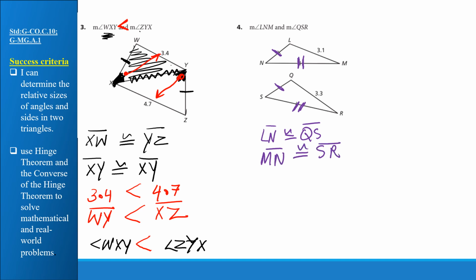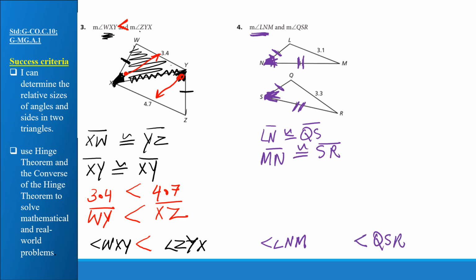Now what angles do they want us to see? L and M, that means this is the included angle, and the other is QSR, that means this is the included angle. They are asking us to compare. So let's see here angle LNM and compare with QSR.